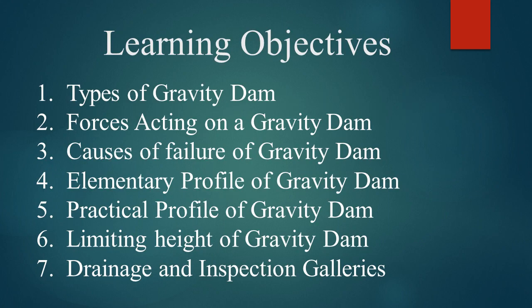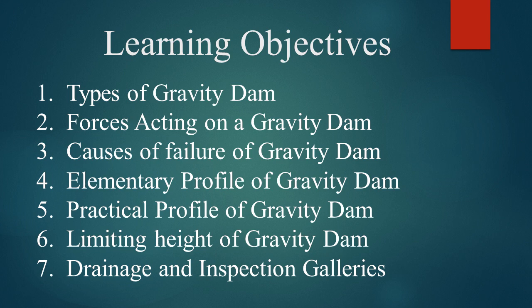So the learning objectives of our proceeding content are: first, the types of gravity dam, which we have already covered. Second, forces acting on a gravity dam. Third, causes of failure of gravity dam. Fourth, elementary profile of gravity dam.